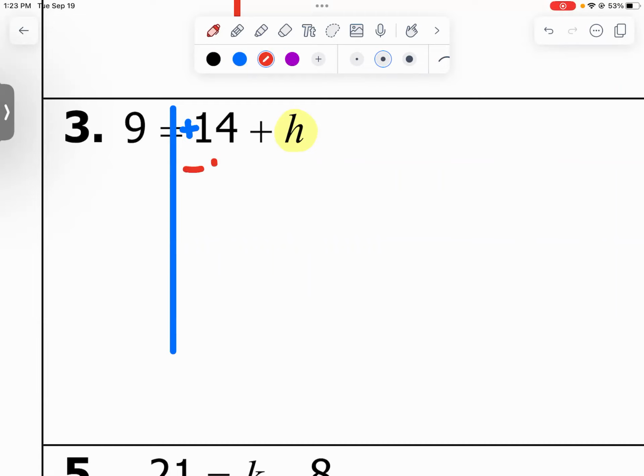Okay, we need to subtract 14 from both sides. Good. So these are going to cancel. I like that. And so we get H equals -5.